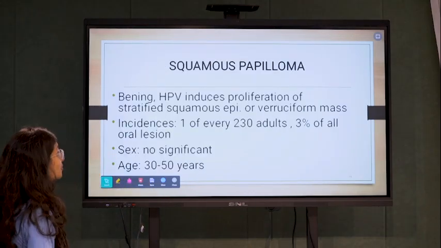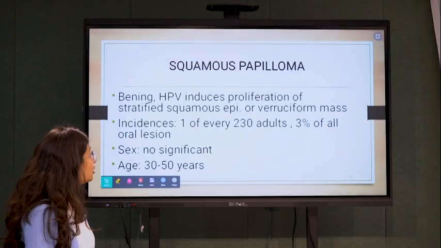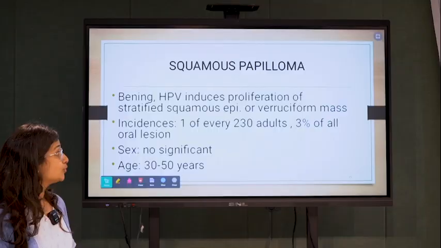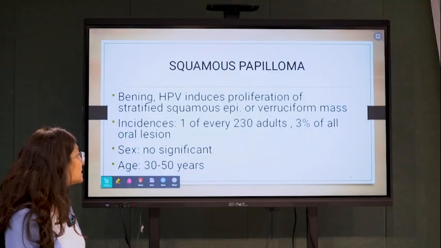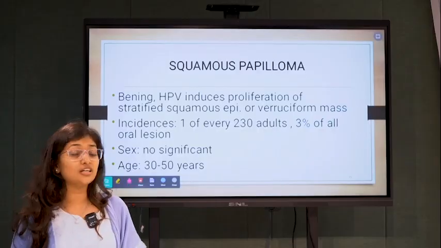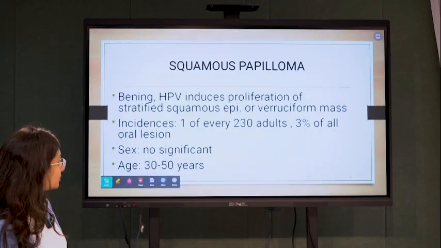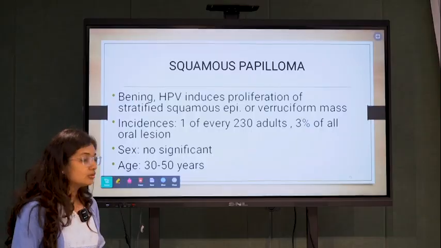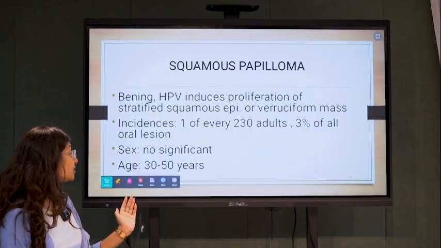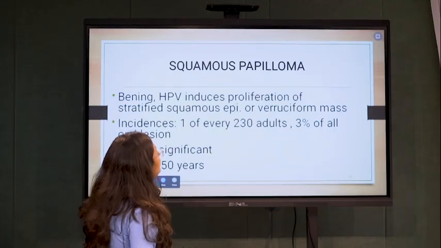Squamous papilloma is benign and mostly induced by HPV, a proliferation of stratified squamous epithelium forming a verruciform mass. The incidence is one in every 20 to 30 adults, and 3% of all oral lesions. There is no sex predilection, and the age is between 30 to 50 years.